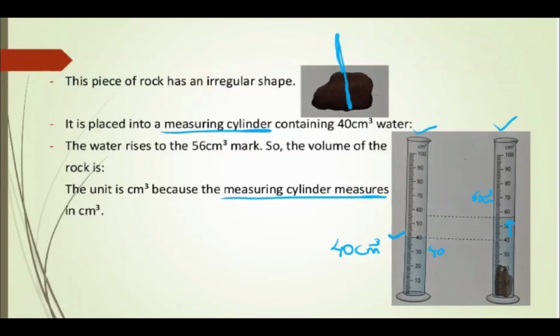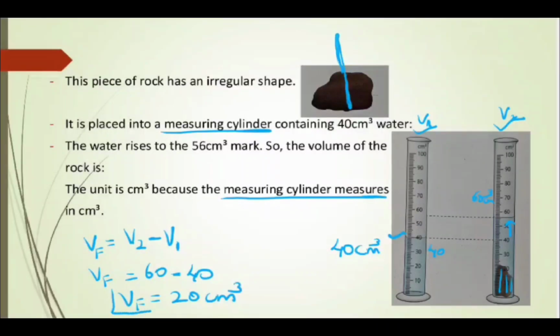To find out the volume of this object, all you need to do is take volume 2, the second volume, minus volume 1, which will give you the final volume. So the final volume of the object is 60, which is volume 2, minus 40, which gives you 20 centimeter cube. This is a general formula to find out the volume of irregular objects. Understanding, children?